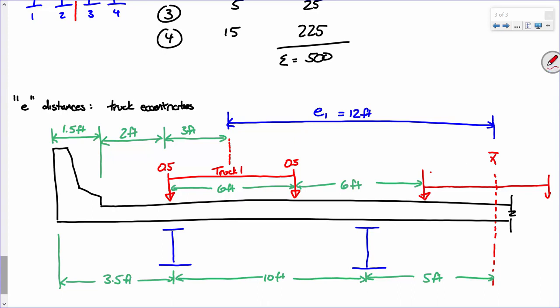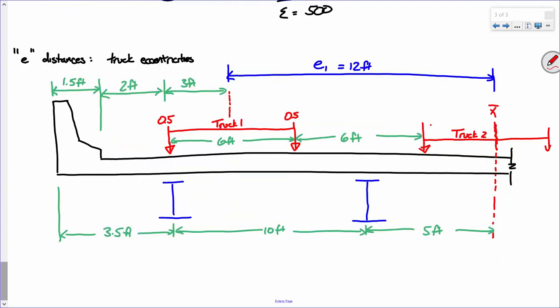So this is truck 2. And it just so happens that the center of gravity of the truck and the center of gravity of the pattern of girders happens to coincide. So I propose to you that if the first eccentricity is 12 feet, the second eccentricity is 0.